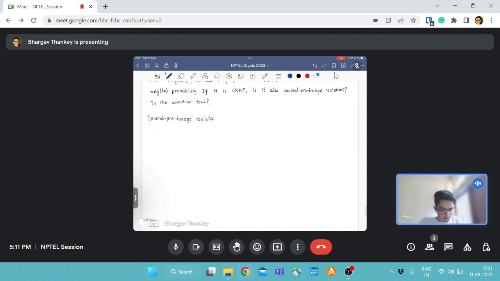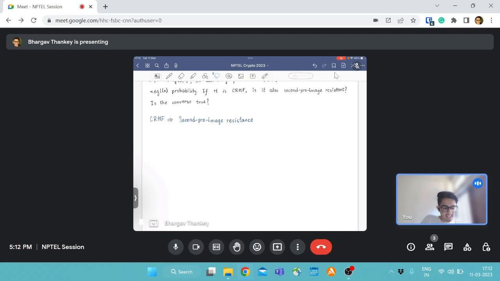So second pre-image resistance. I should have written here that a collision resistant hash function implies it. Collision resistance is more strong.